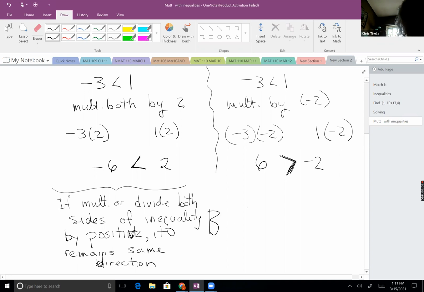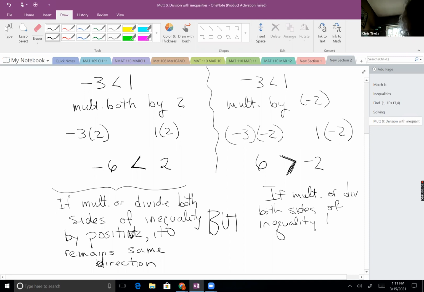But if you multiply or divide both sides of an inequality by a negative, the direction is reversed.